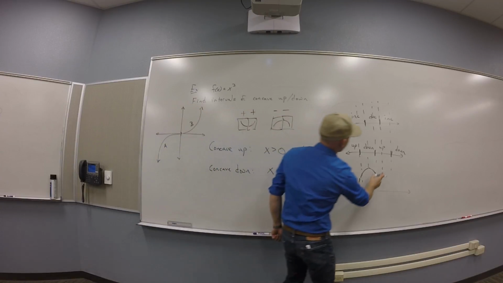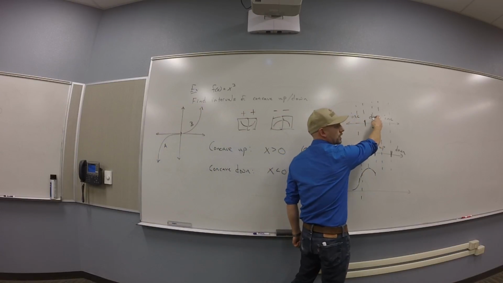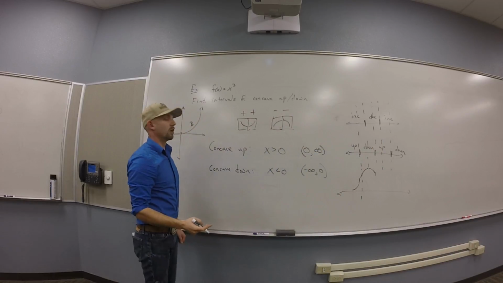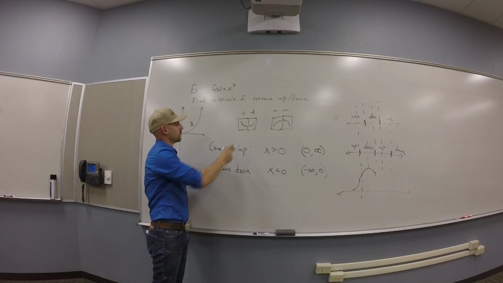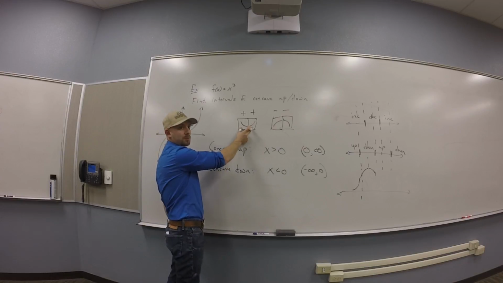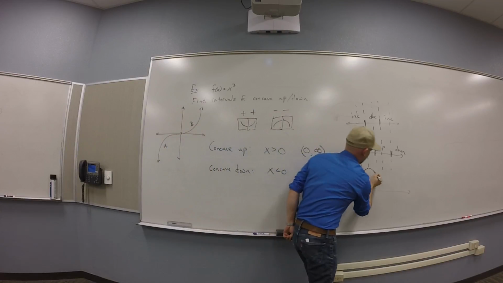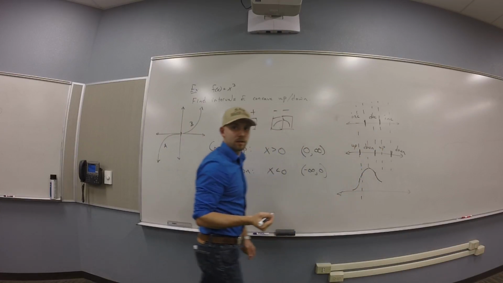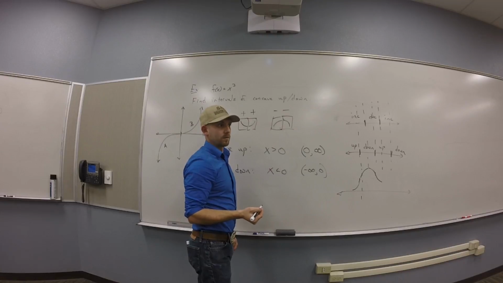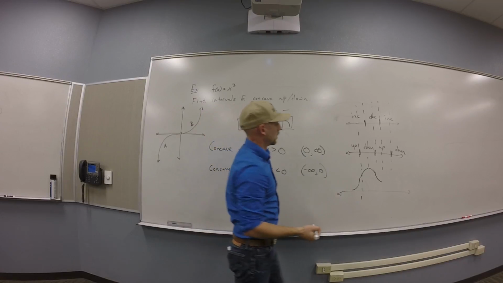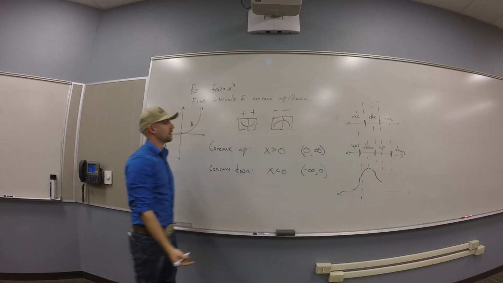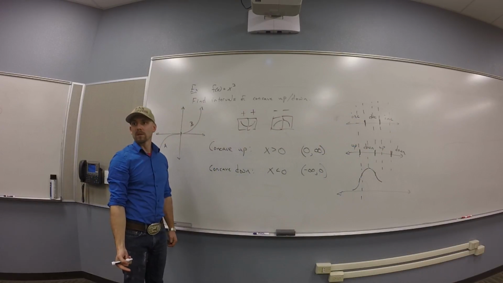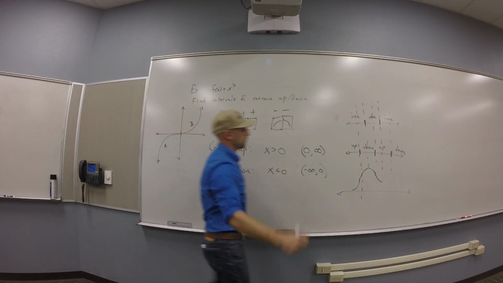Then in this next bit, it's concave up and decreasing. So which one's that? These are concave up, and I'm supposed to be decreasing. So that's the left side of the smiley face. That's going to be this. Okay, see this? And then this guy's going to be concave up and increasing. So that's the right side of the smiley face.